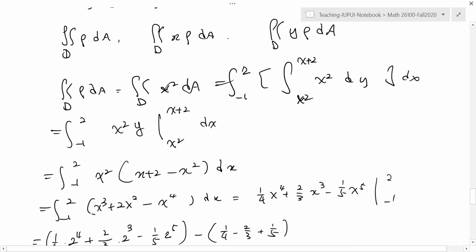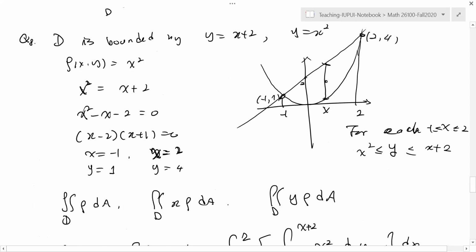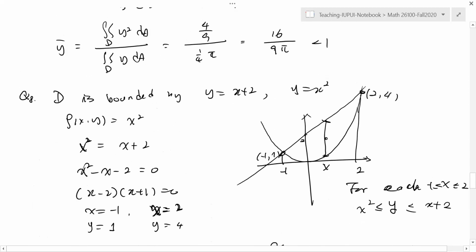Okay, and let's go back to this function. But when you get an answer, you have to look at where the center possibly is. I think the center is possibly somewhere here. Because you see, the density function increases from left, it's 0 on the y-axis, but the left-hand side is smaller than the larger side, the right-hand side. So the center should be on the right side. So x bar should be greater than 0.